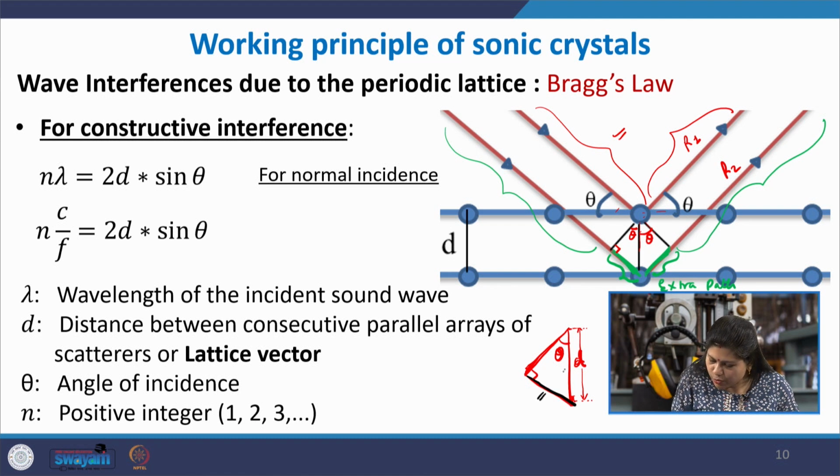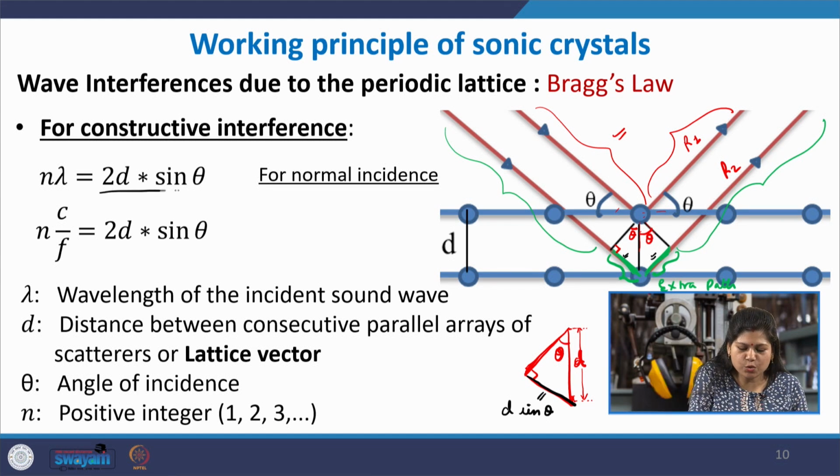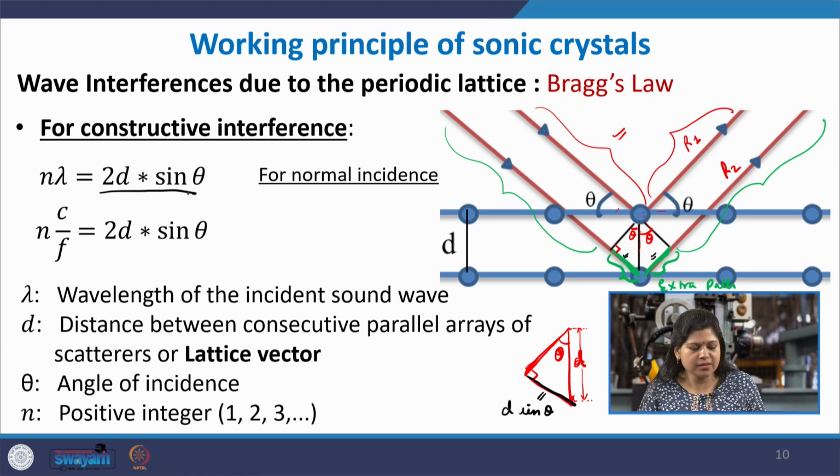This length comes out to be d sine theta, isn't it? d being the hypotenuse, and the side opposite the angle would be the sine theta component of it. So, it will be d sine theta. Here this part is d sine theta, and in the same way this part is d sine theta. So, the extra path that reflected wave 2 is taking becomes d sine theta plus d sine theta, so it becomes 2d sine theta, okay, this extra path.